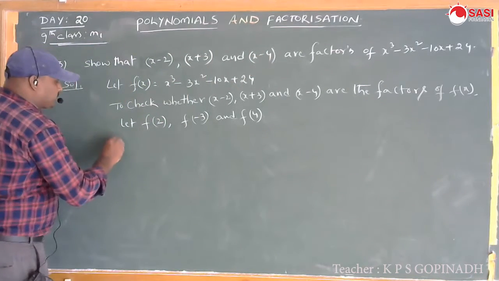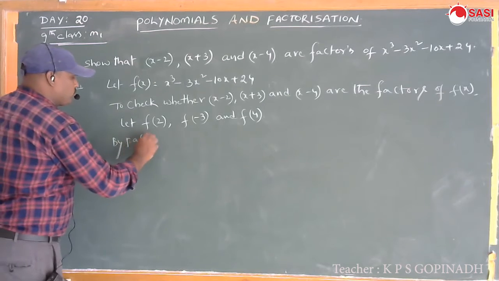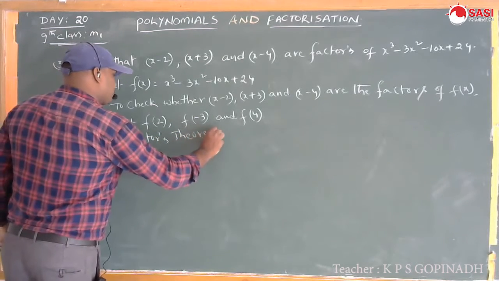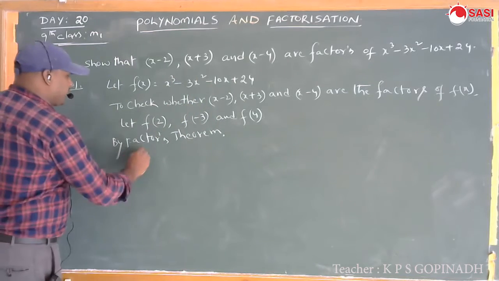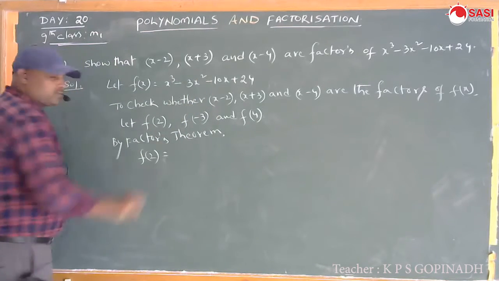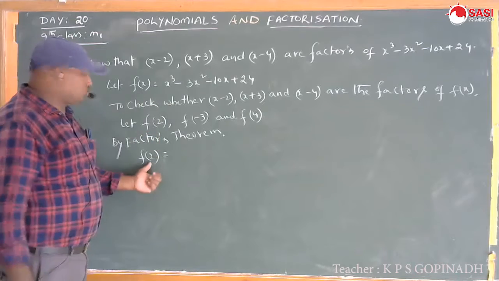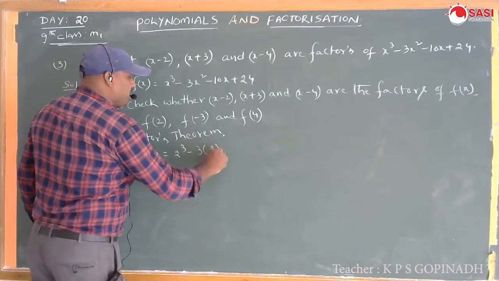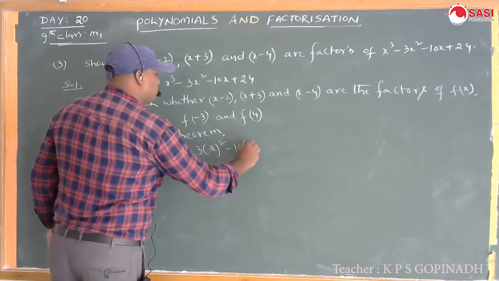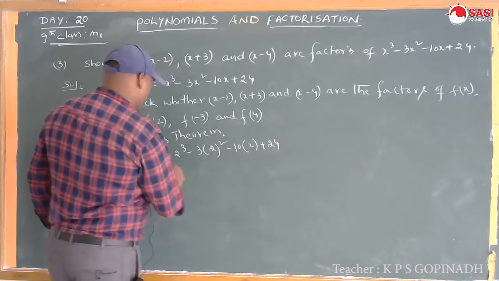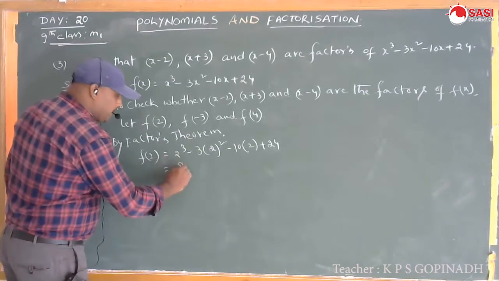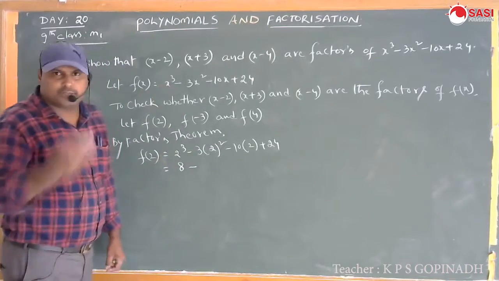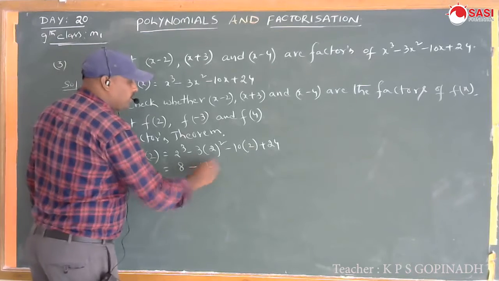So by the factor theorem, calculate f of 2. f of 2 is equal to 2 cube minus 3 into 2 square minus 10 of 2 plus 24, which is equal to 2 cube means 8, minus 3 times 2 square, how much? 4, 4 threes are 12.